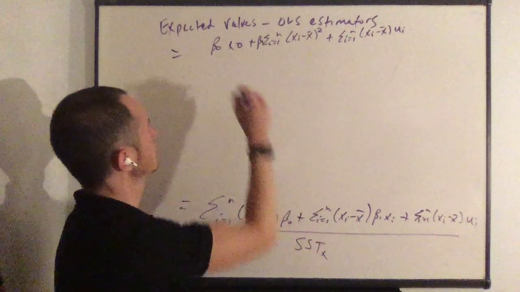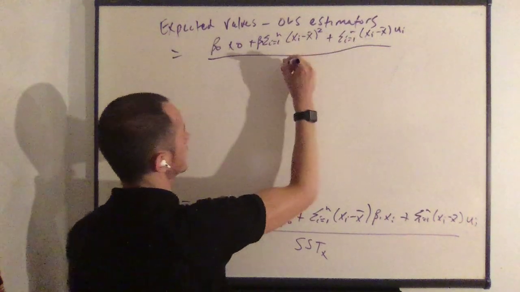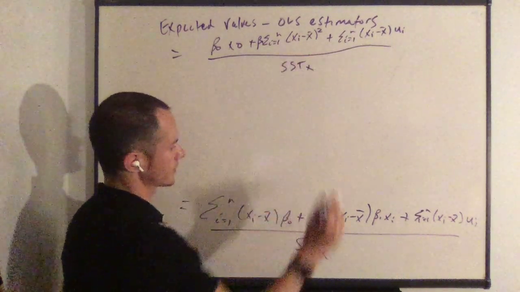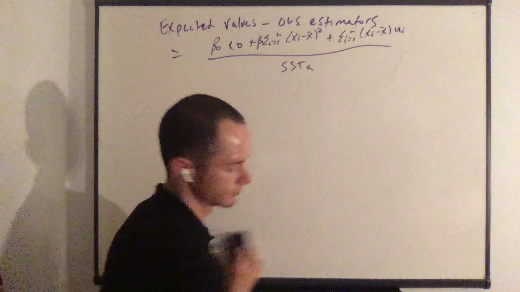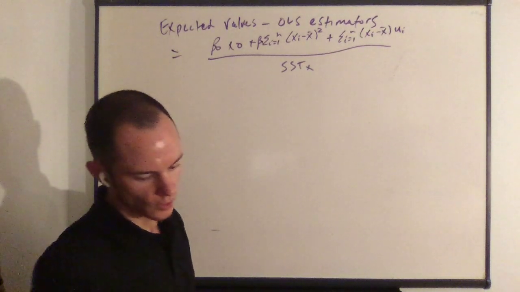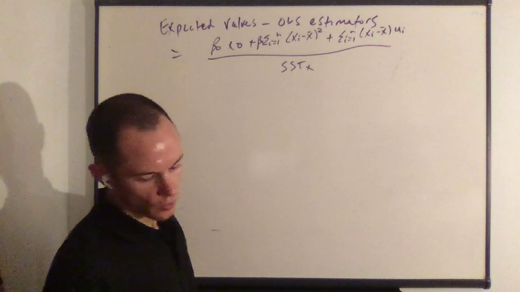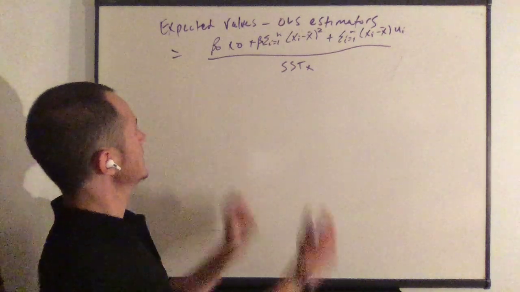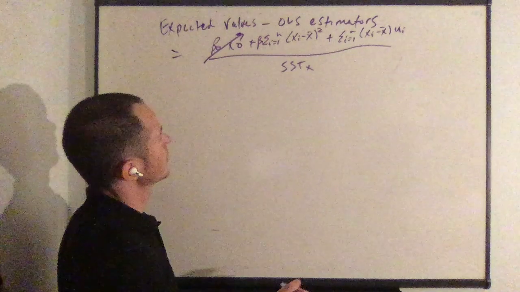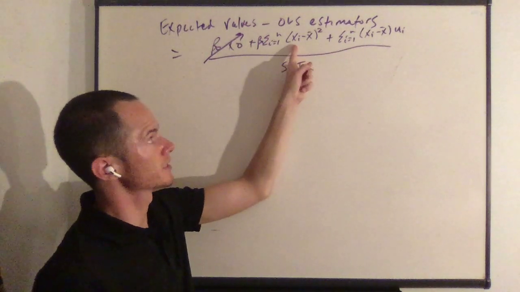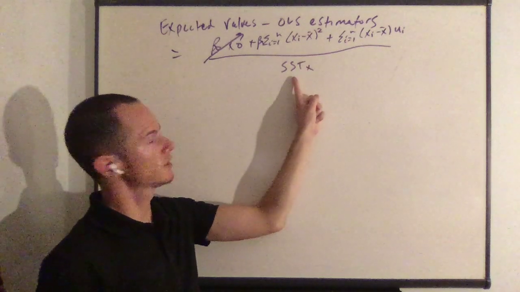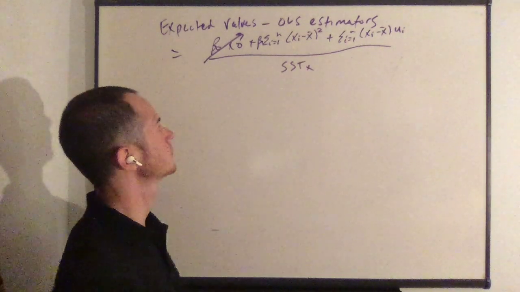This is still all over SSTX. Very good. So this term drops out, right? And observe that the sum from i equals 1 to n of (xi minus x bar) squared, that's the total sum of squares of x.